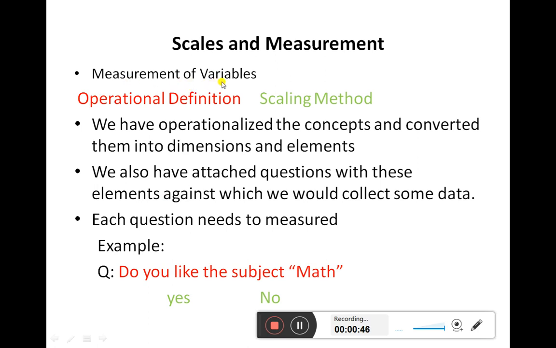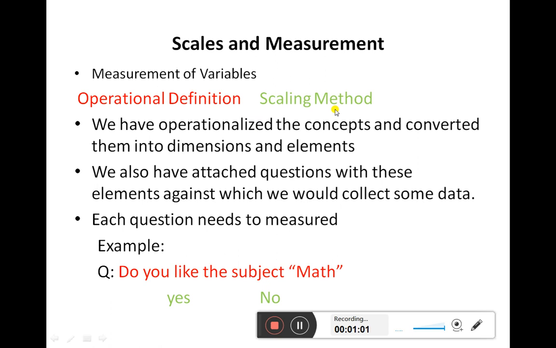Measurement of variables is done with the help of two techniques. One is known as the operational definition, and the other is known as the scaling technique or scaling method.